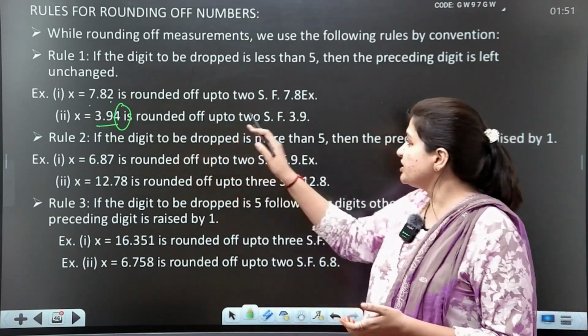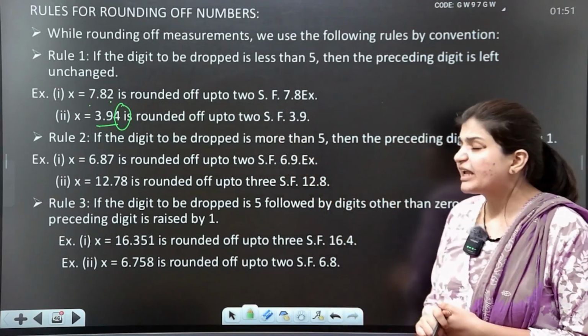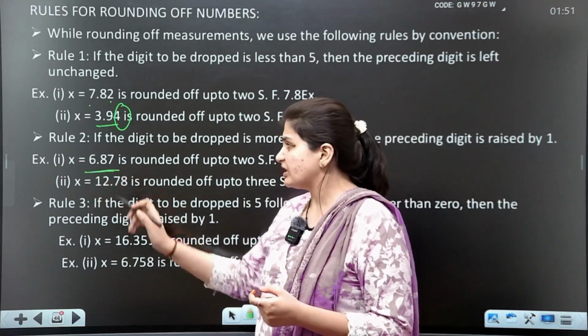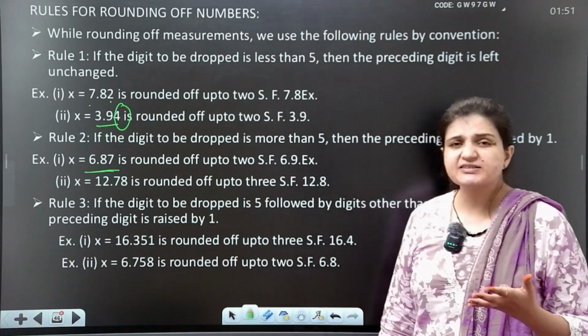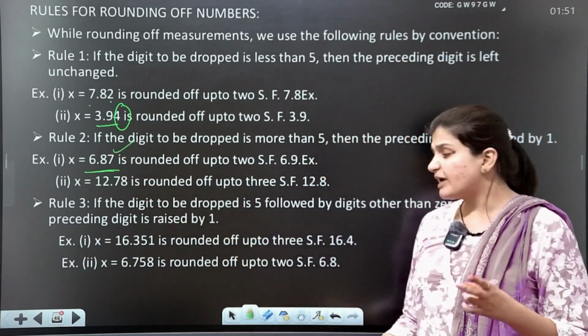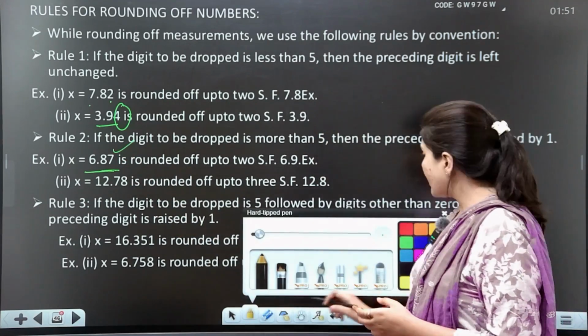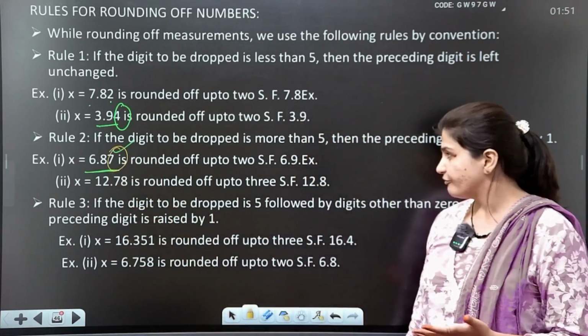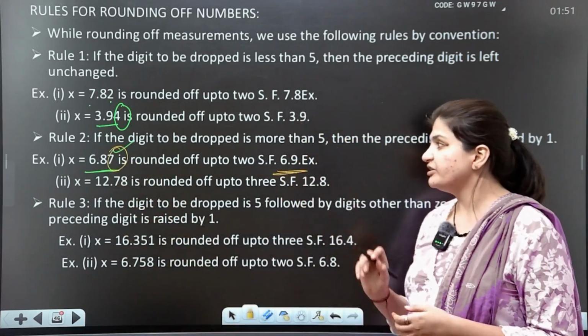But if the digit is more than 5, like 6.87, here we can note that 7 is greater than 5, so it will be rounded off and will be equal to 6.9.